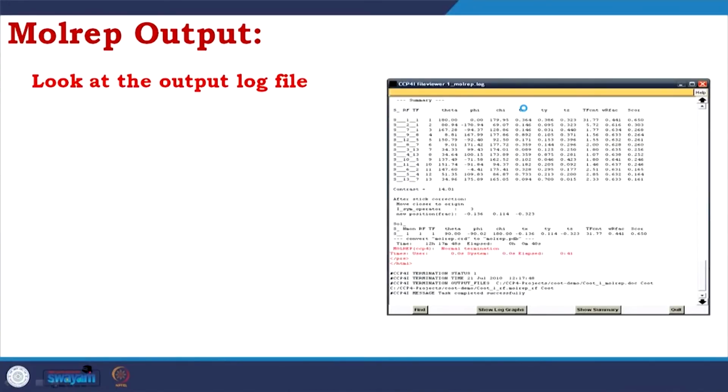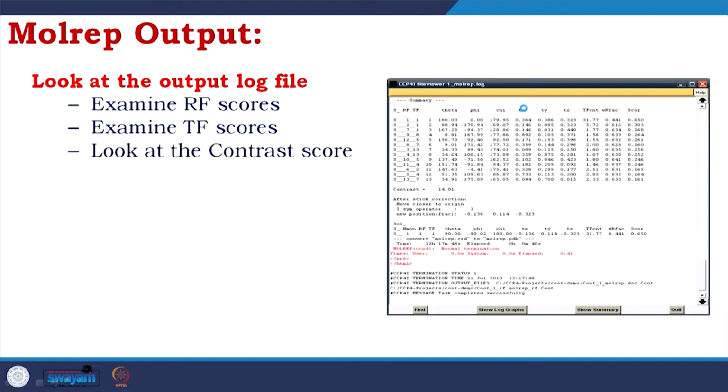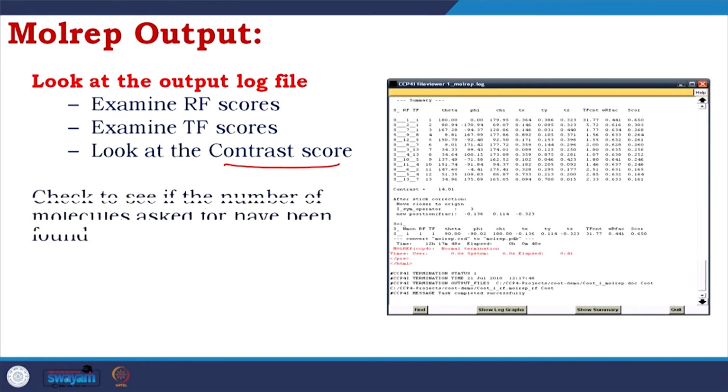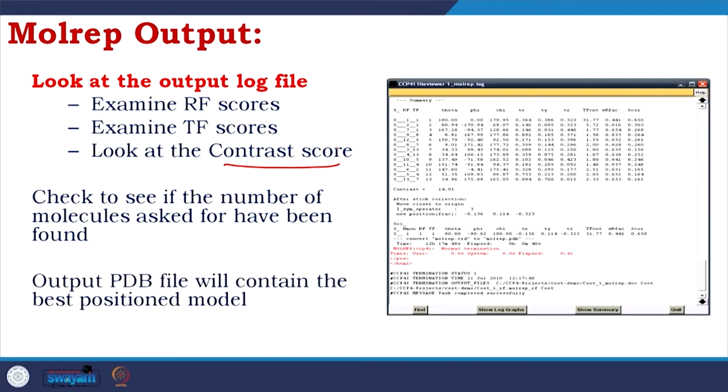So, if you look at the MolRep output, you could look at the output log file, examine the RF, the rotational function score, examine the translational function score, and also you look at the contrast score, that is very important. I will show you. Check to see if the number of molecules asked for have been found. Output PDB file will contain the best positioned model.